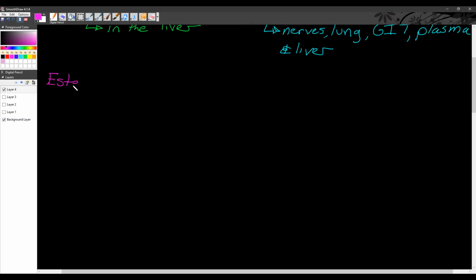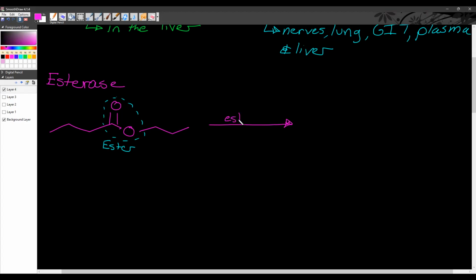So esterase. The function of esterase is to take an ester, here's our nice ester, and we are going to cleave it apart at the ester bond.